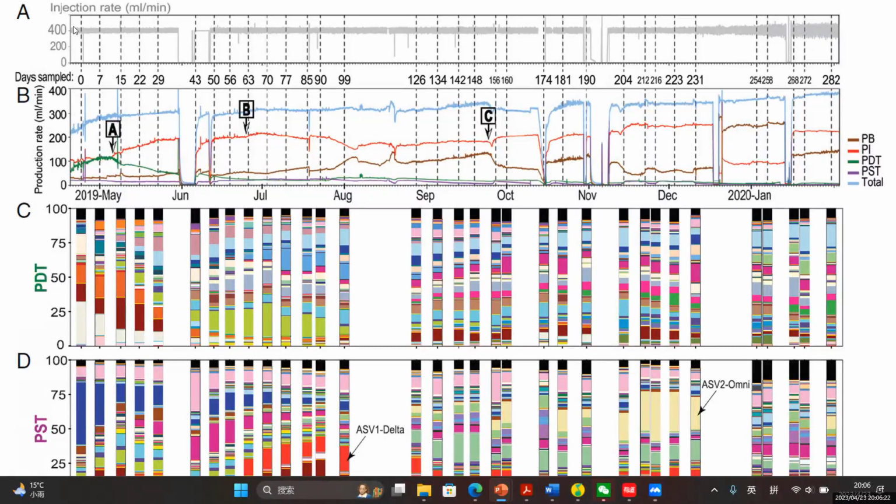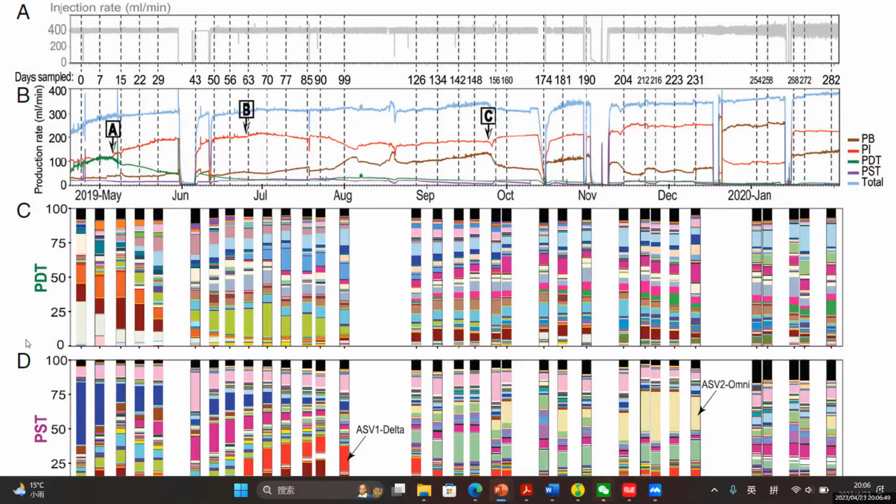A means the injection rate. So they inject some industrial water into the boreholes. So this one shows the injection rate, and B shows the outflow rate.